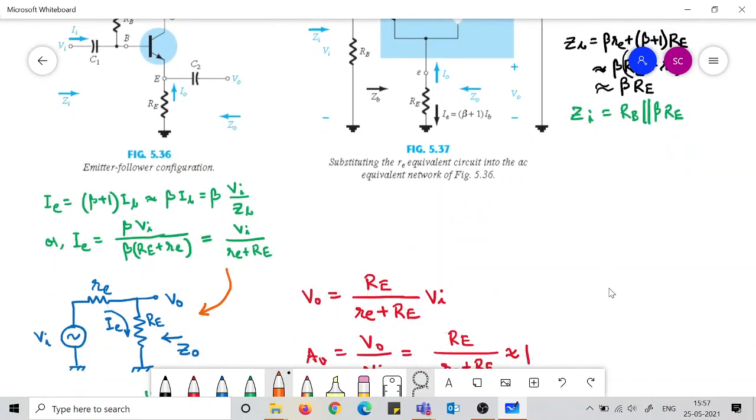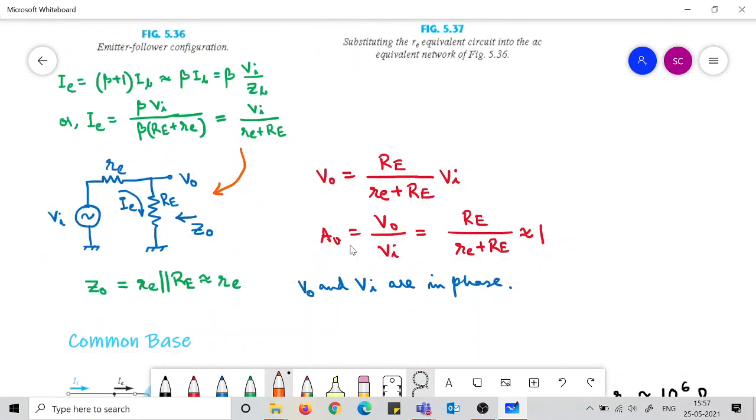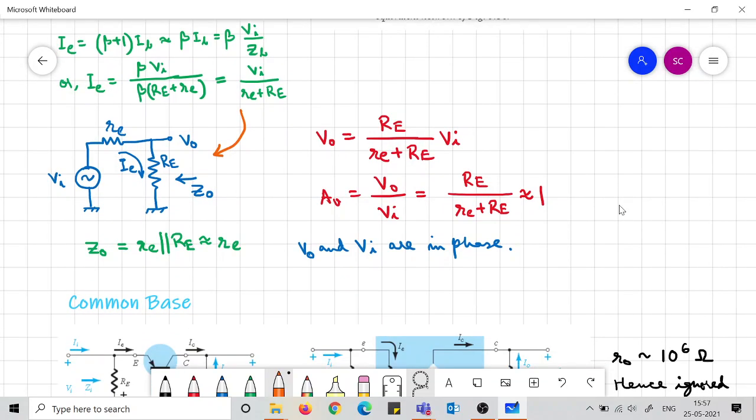Because the emitter follows the input voltage, in both phase and magnitude very much. So if you keep your capital RE quite high, it will follow the input voltage.